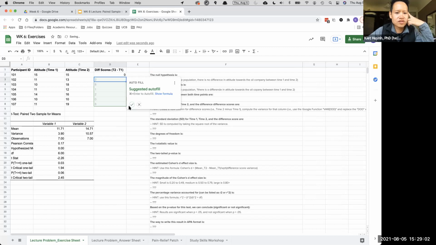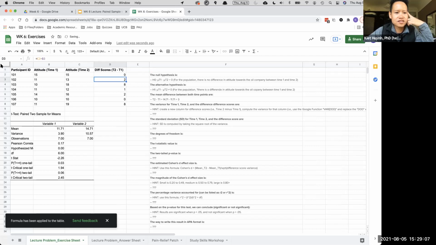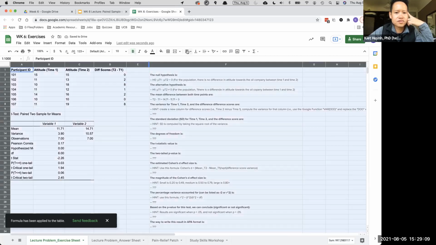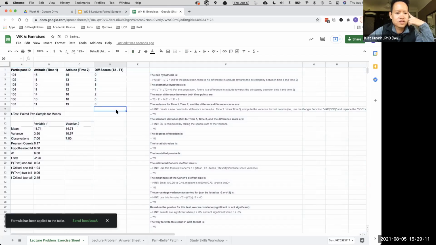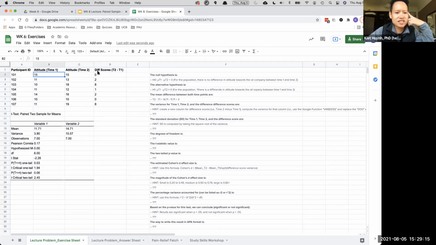We could have Google fill out the rest of it for us. So this is basically just time 2 minus time 1. So 15 minus 15 is 0. 13 minus 11 is 2. 18 minus 10 is 8.